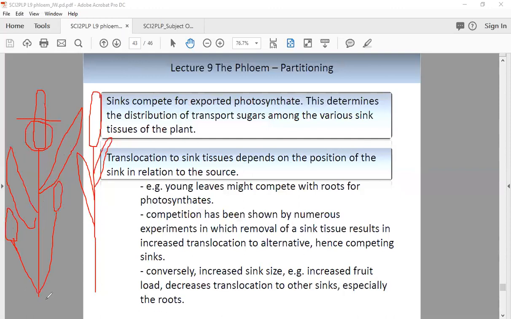Maybe they're being redirected to the root system, which I doubt, because when a plant has entered the reproductive phase, it doesn't normally redistribute additional resources into the root system. Because the priority seems to be the reproductive structures.